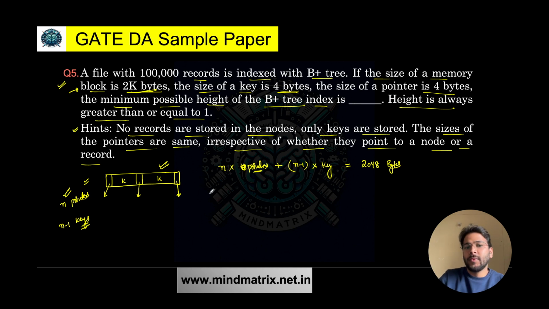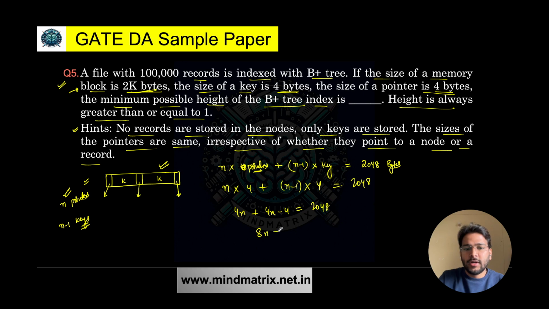Yes or no? So can we solve this? We have n into pointer size, which is also given to us, that is 4 bytes. So n into 4 plus n minus 1 into key size, which is also 4, is equal to 2048, or basically less than or equal to that. So we can have 4n plus 4n minus 4 equal to 2048 bytes.